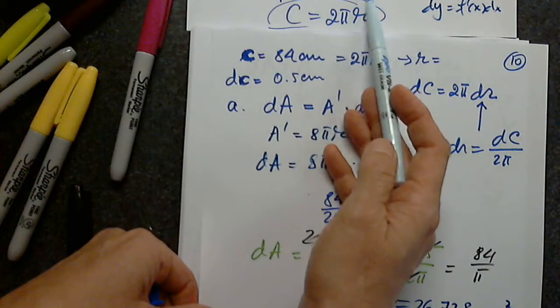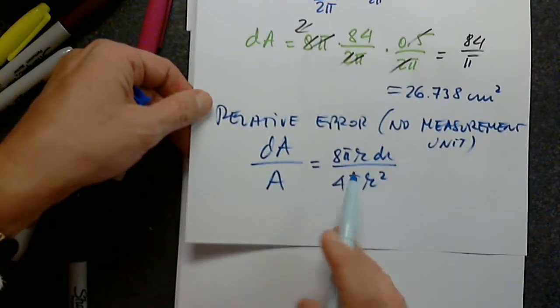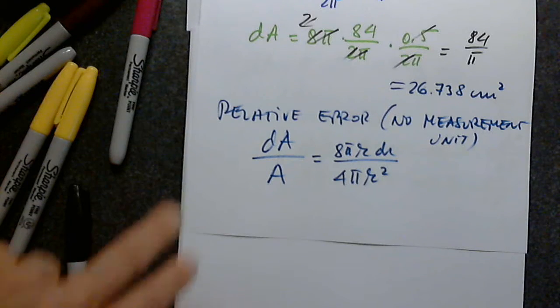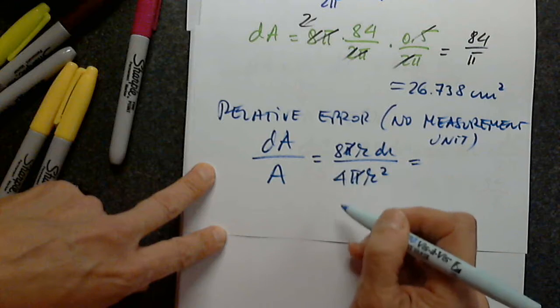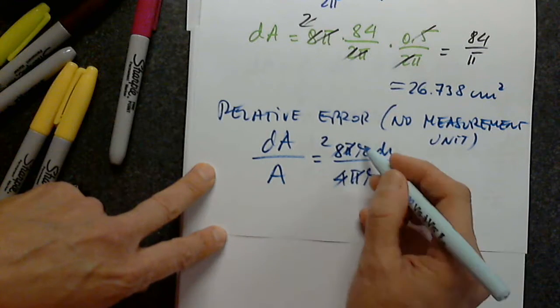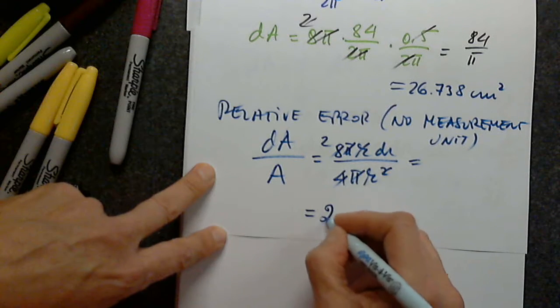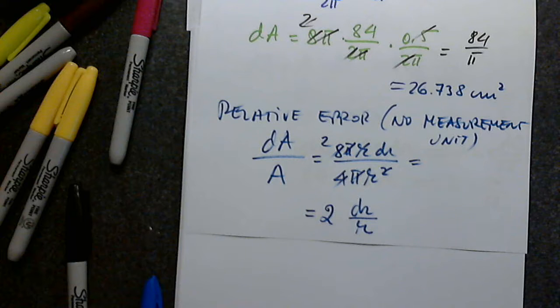So I will have 4 pi and replace r squared by 84 over 2 pi squared. I just wanted to show how we calculate it, but then we can go to the numbers. Because here's what happens. Pi and pi, 4, 2, r and r. This was the point I was making. Twice dr over r.